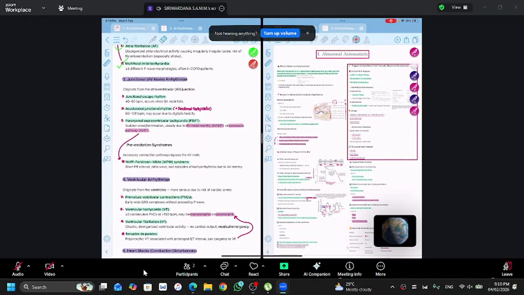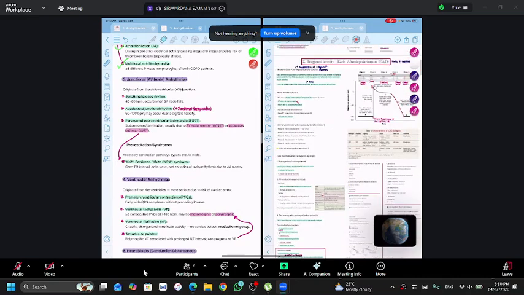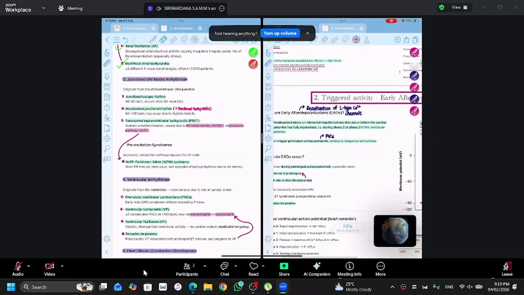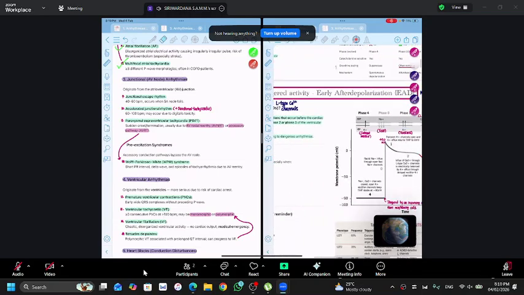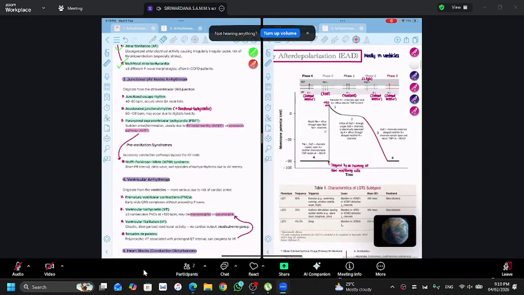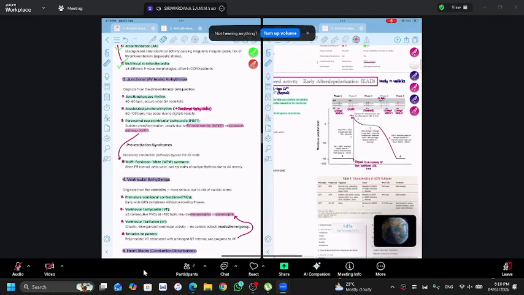When you talk about early afterdepolarizations, what happens is an abnormal reactivation of L-type calcium channels during phase 2 or phase 3 of the cardiac myocyte. Remember, EADs and DADs are generated in cardiac myocytes, atrial or ventricular.